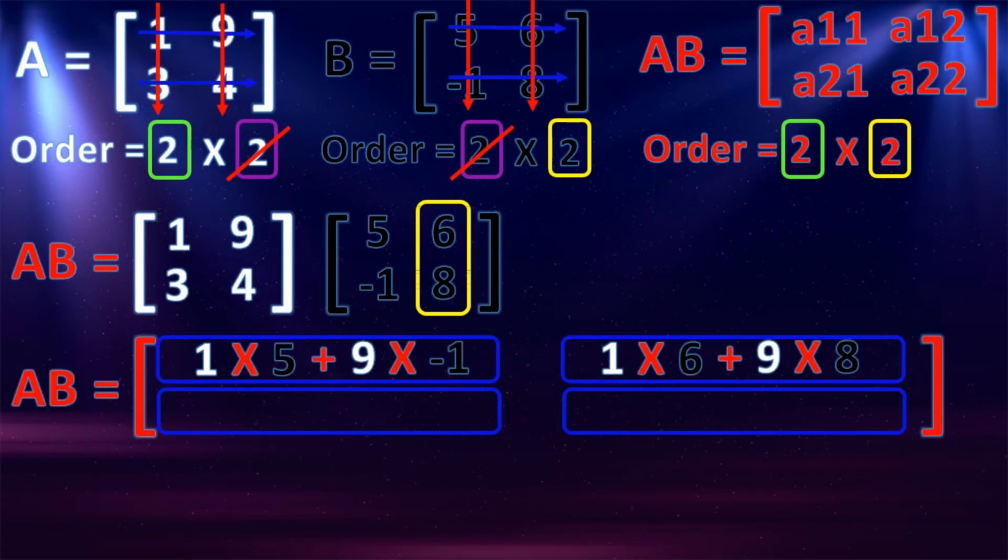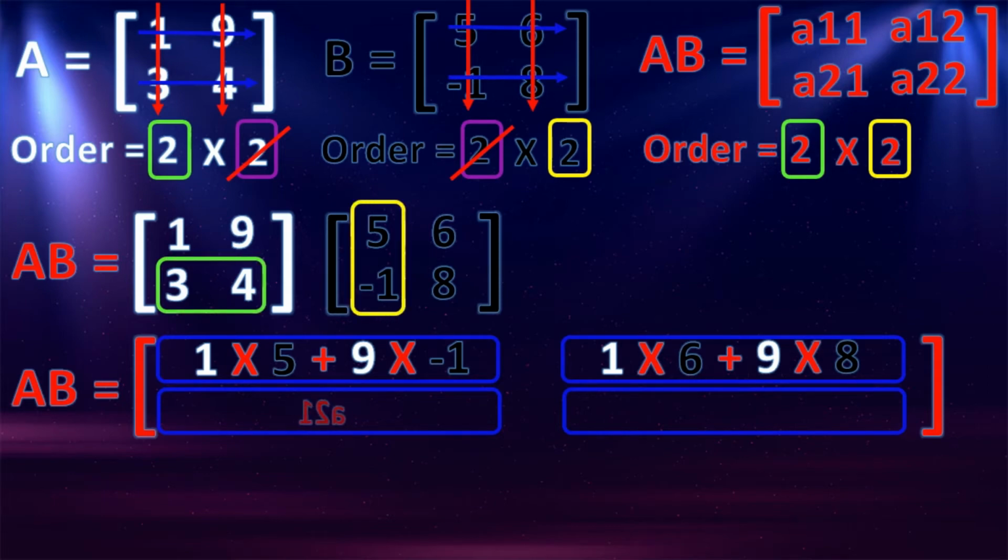Correct? Now the third element place will have element A21, second row, first column. Multiply first number by first number, 3 into 5, plus second number by second number, 4 into -1.